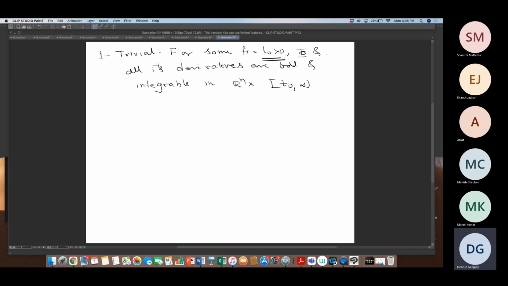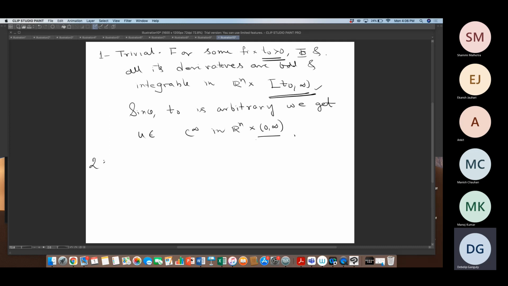You take a little bit of positive distance, t naught, because the problem is only at 0, right? You fix some t naught positive, all are bounded, and you pass the limit and everything is trivial. Similarly for all derivatives of phi. Next step: since it is a convolution, it is smooth, and since t naught is arbitrary, we get u is C infinity in Rn cross open (0, infinity).